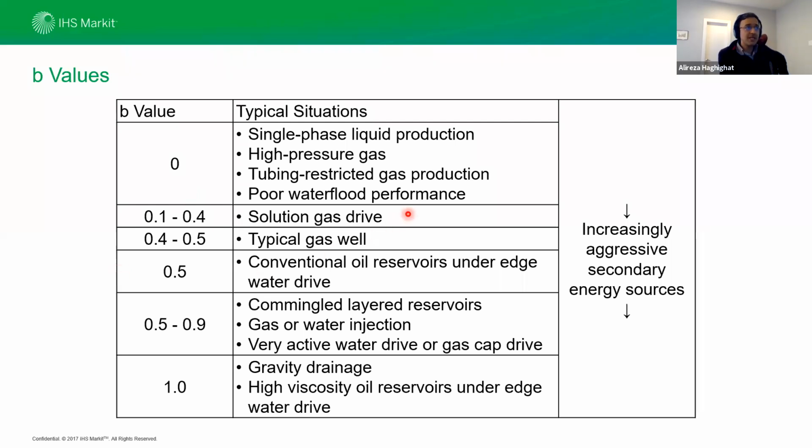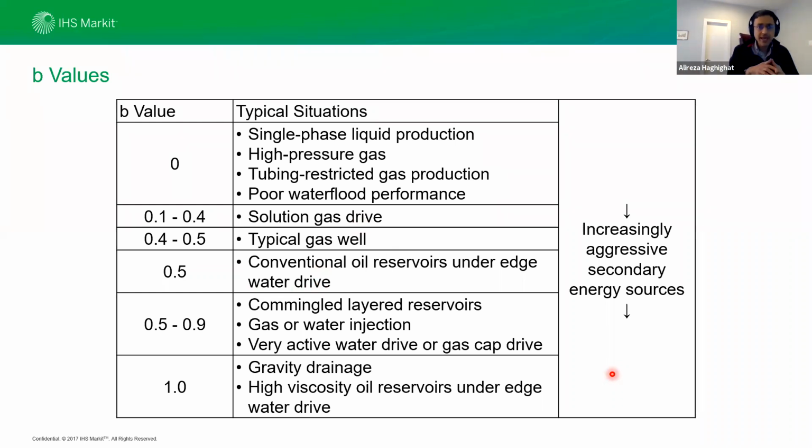For example, when we have solution gas drive, or when we are dealing with typical gas wells, or when we have water drive that supports the oil production, supports the oil flow into the reservoir. If we have some sort of support, that b value gradually increases and we see a lower decline in the production in the future.